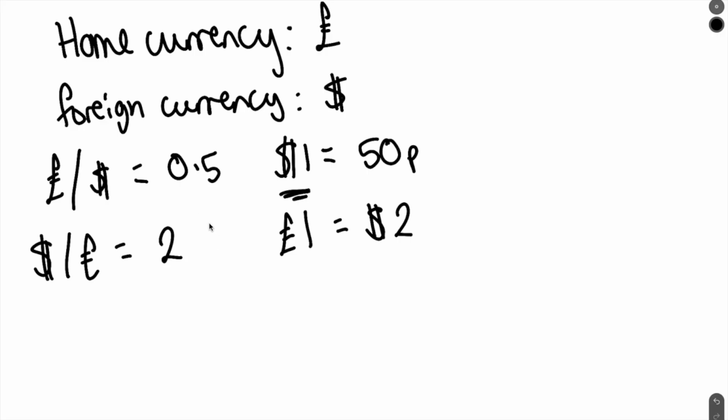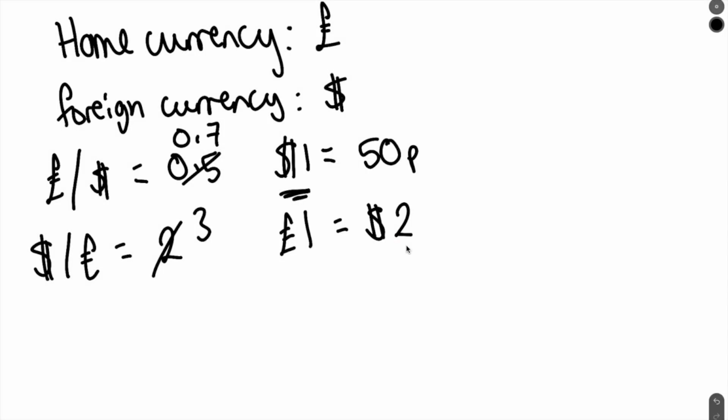So for example, if this 0.5 becomes 0.7, that's telling me $1 now buys me 70p, so the dollar has appreciated, okay? And similarly, if this becomes 3, so £1 buys me $3, it tells me the pound's appreciated. So understanding which way around it is very, very important for your graph.